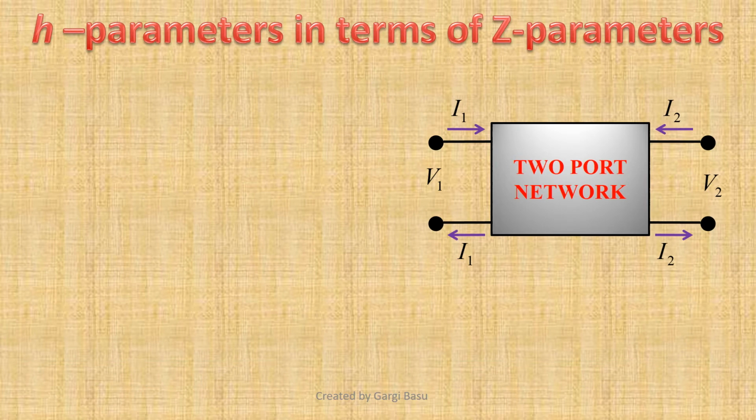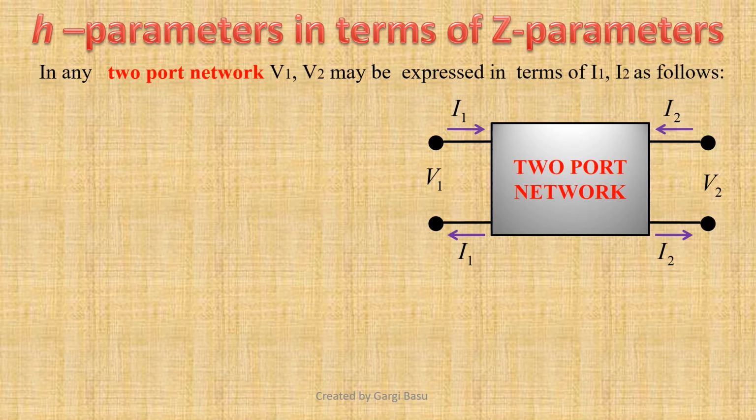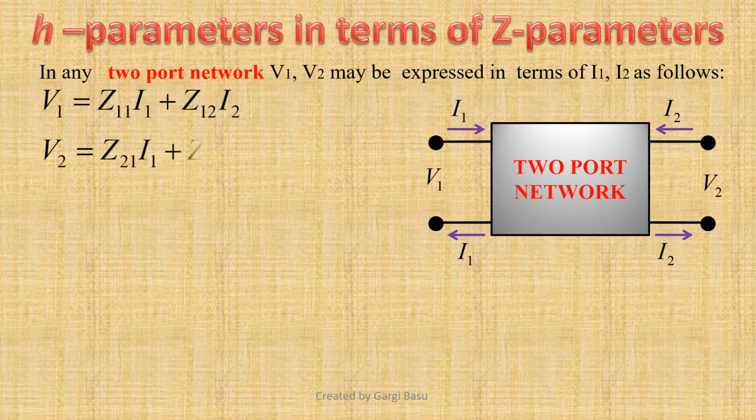Now let us first establish interrelationships between hybrid parameters and Z parameters. When we describe our two-port network using Z parameters, we express the port voltages V1 and V2 in terms of port currents I1 and I2. The linear equations used in this case are V1 equals Z11 I1 plus Z12 I2 and V2 equals Z21 I1 plus Z22 I2.